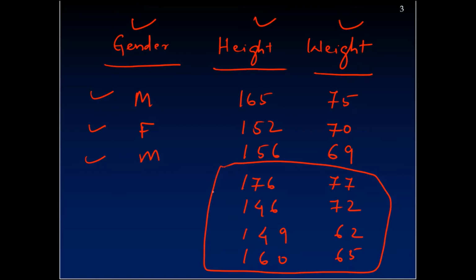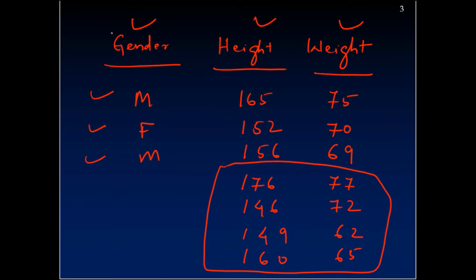But how do we combine both to do the prediction? The prediction is the chances of, given someone's height and weight, whether he is male or she is female. Okay, so this is all about the data.